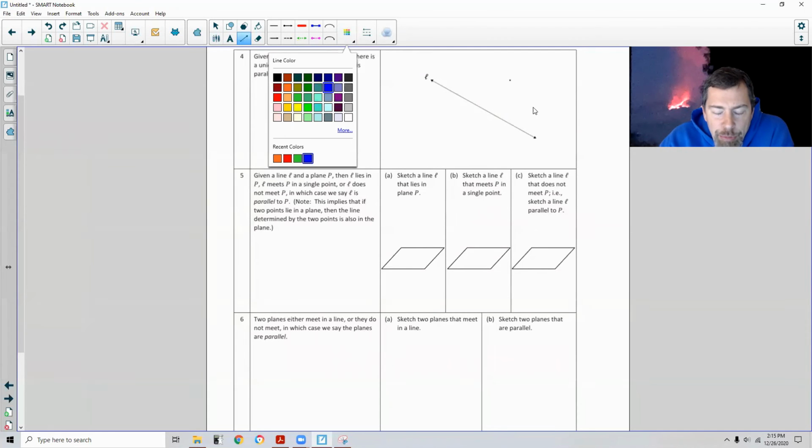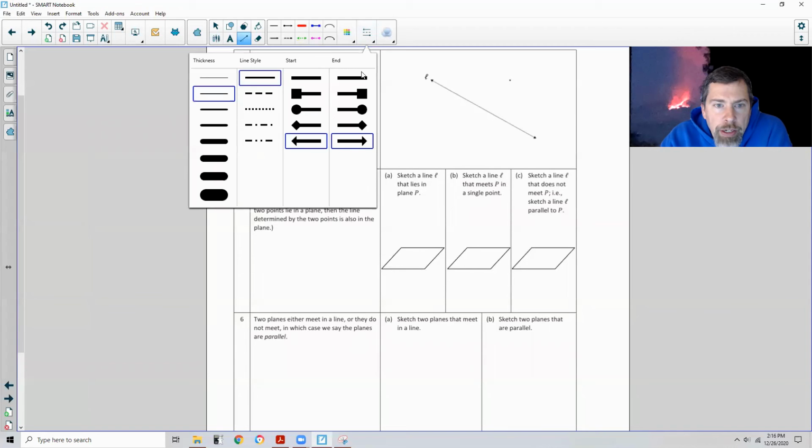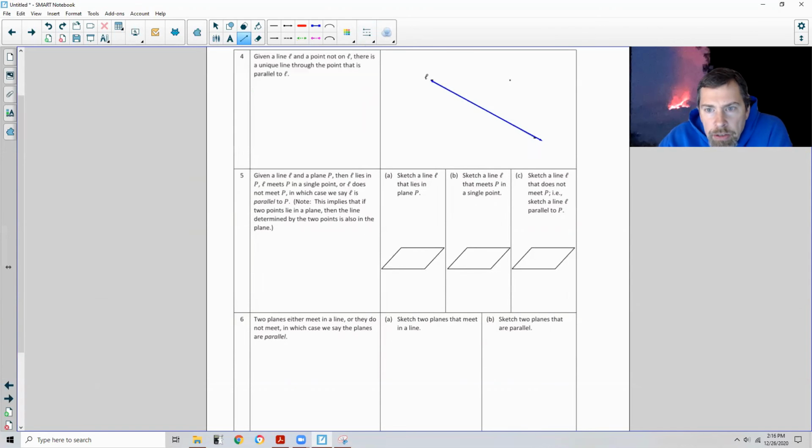It has to have the same slope, if you will, and it has to never cross. So if it has the same slope, it would never cross if it's on the same plane as well. If it's not on the same plane, it could be skew, but we don't want a skew line. So we're going to draw a line L like so. And so that's the same line.